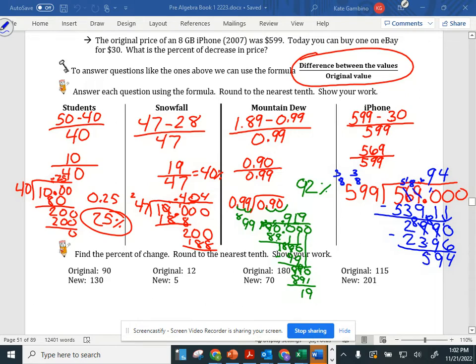So I have 594, which is just shy of 599. So I know if I bring down another 0, it'll get to go in there 9 times. So if my decimal is 0.949, my rounding to the 100th place would give me that 95% decrease.